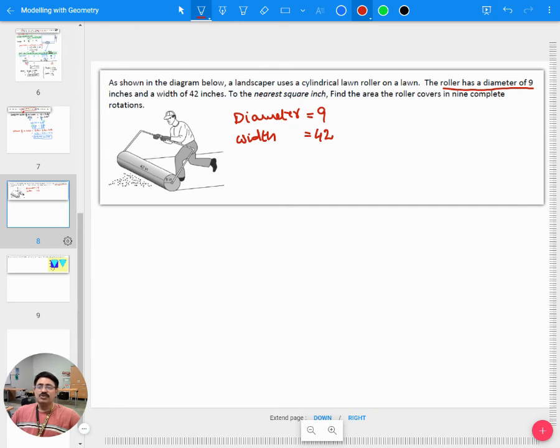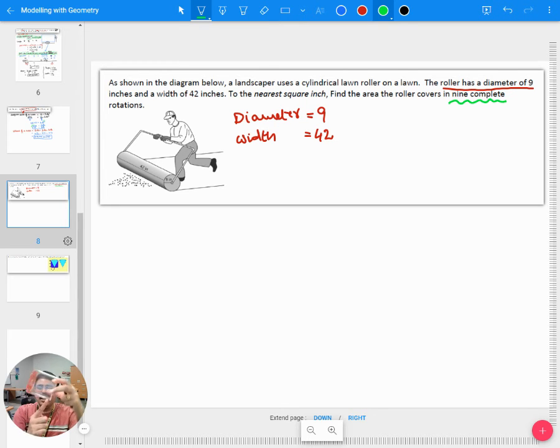To the nearest square inch, find the area the roller covers in 9 complete rotations. So he is pushing this one, and the roller is rolling. Let me take the cylinder again. When the roller is rolling, please notice that this part comes in contact with the ground, right? The width of the roller may be considered as the height of the roller.